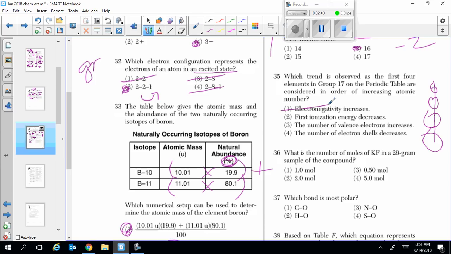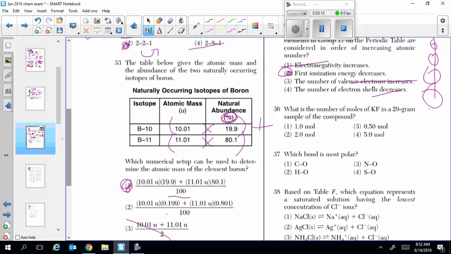First ionization energy decreases. Yes. So ionization energy is how much energy it would take to get away your outermost valence electron. Well, if you have a really large radius, it's going to be easier to get your outermost valence electron away from you. So that ionization energy is going to decrease. The valence electrons would be the same, and the number of electron shells would increase, not decrease.